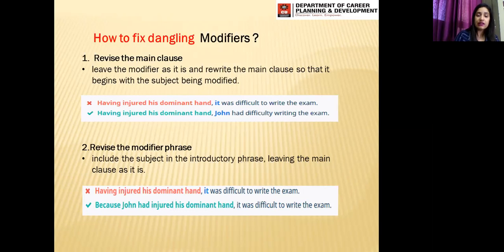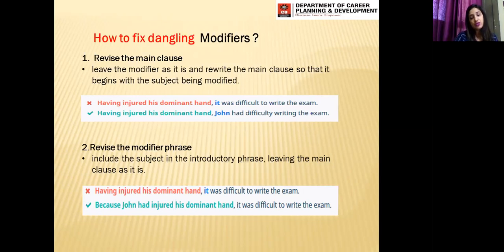The next method is to revise the modifier phrase. Here we leave the main clause as it is, and we work on the introductory phrase. We include the subject in the introductory phrase. How are we going to do that? Taking the same example, "Having injured his dominant hand, it was difficult to write the exam."